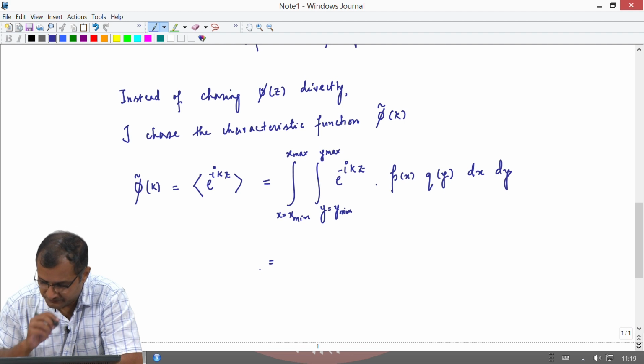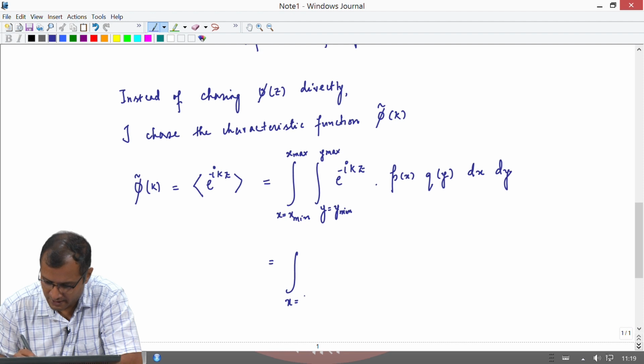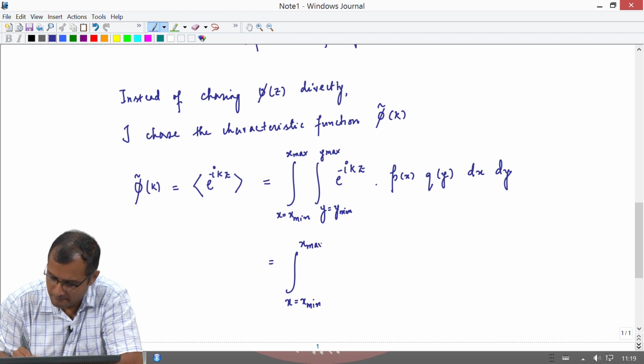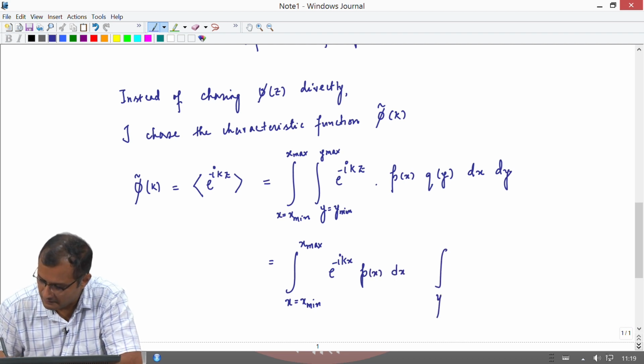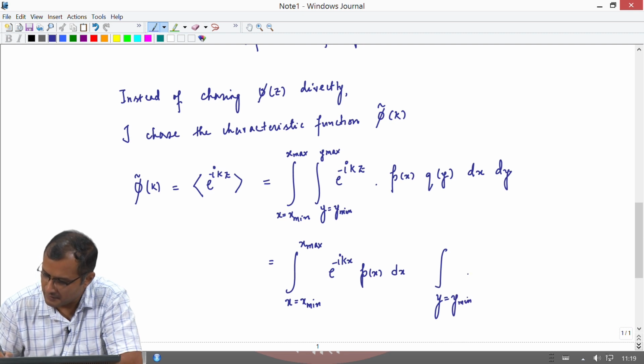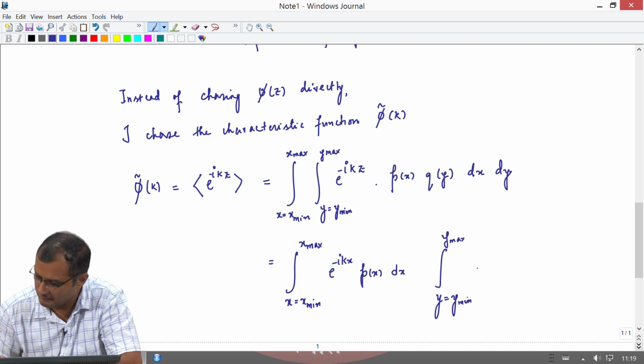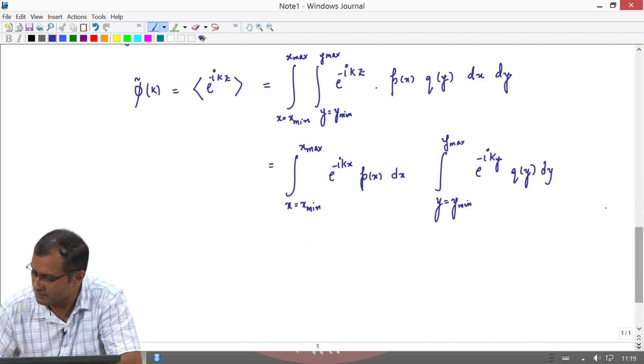Now, I can separate out these integrals and write this as the integral over x of e to the power minus i k x p of x dx, times the integral with y going from y minimum to y maximum of e to the power minus i k y q of y dy. I can do this because the random variable z was x plus y.